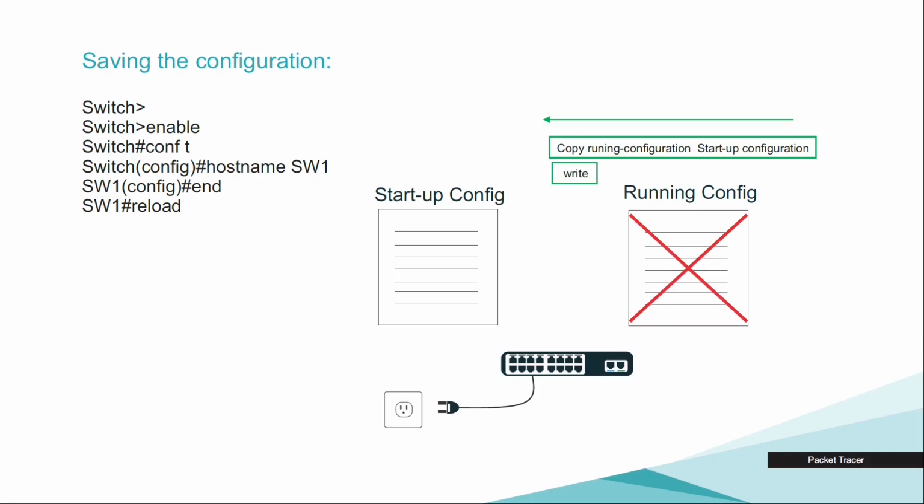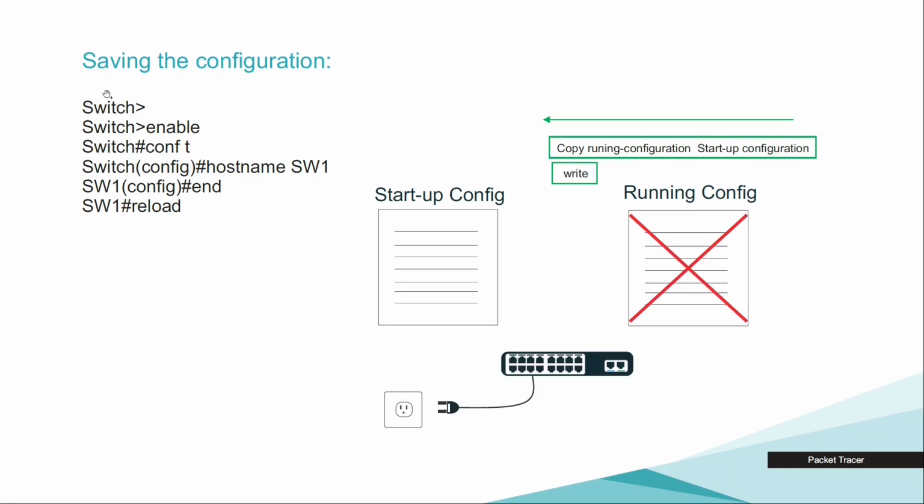So any configuration in the startup configuration will not be lost if we disconnect the power or if we reload our switch. The command to move the configuration from the running configuration to the startup configuration is copy running-config startup-config, or we can simply use the command write.